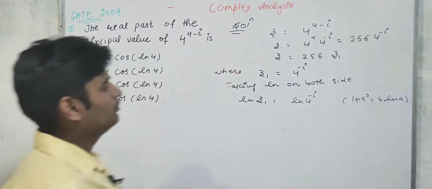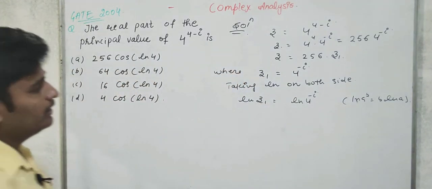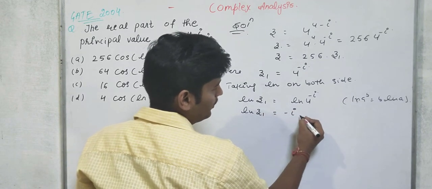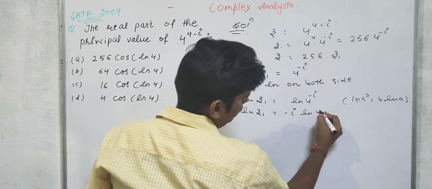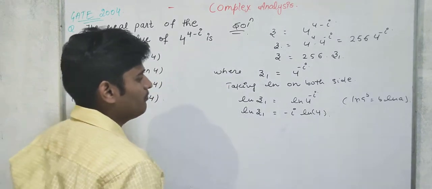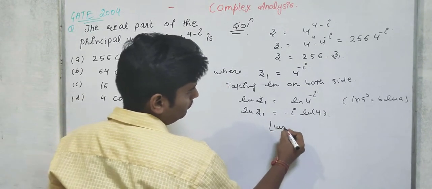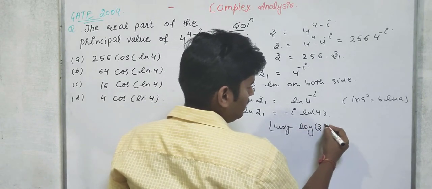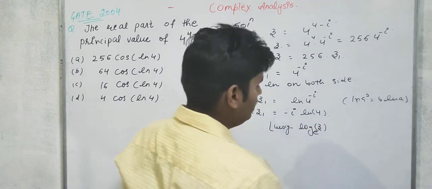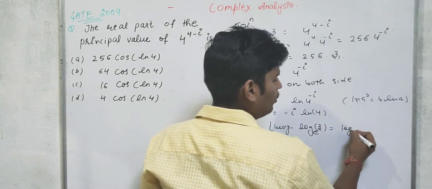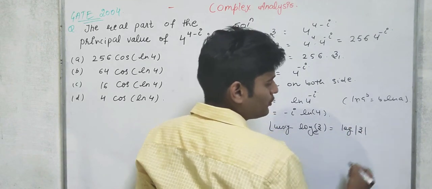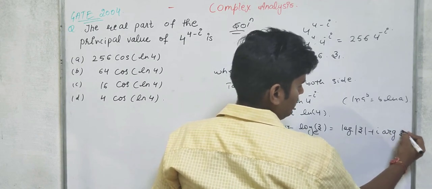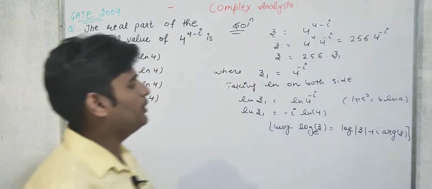So we find that log of z1 is equal to minus iota natural log of 4. Now using log of z with base e is equal to log of modulus of z plus iota into argument of z, ये प्रॉपर्टी हम यहाँ पे यूज करेंगे.